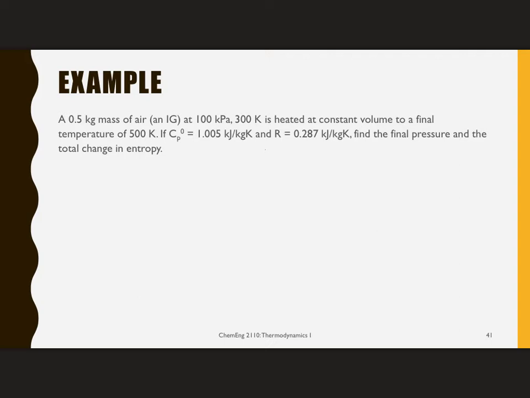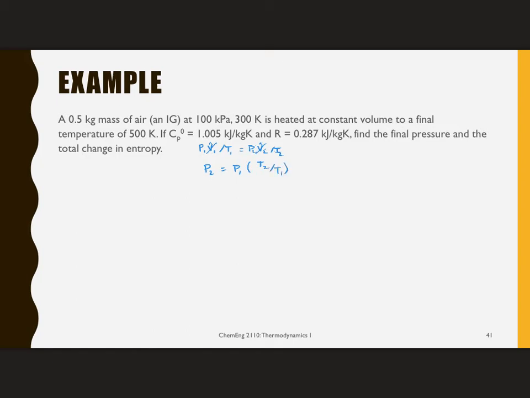Let's begin by using the ideal gas law. We know that P1 V1 over T1 is equal to P2 V2 over T2. And when we say that volume is constant, those are going to cancel out. So P2 will equal P1 times T2 over T1.